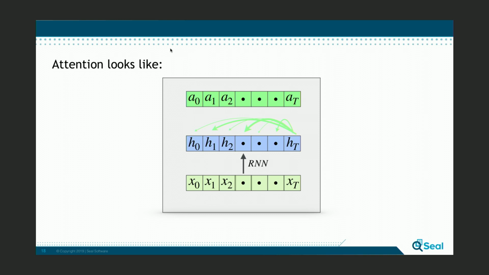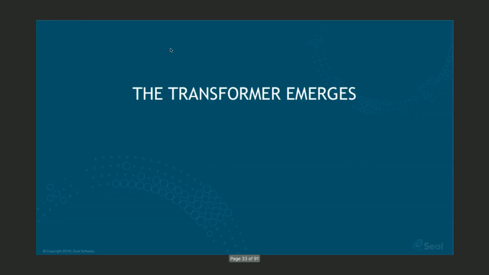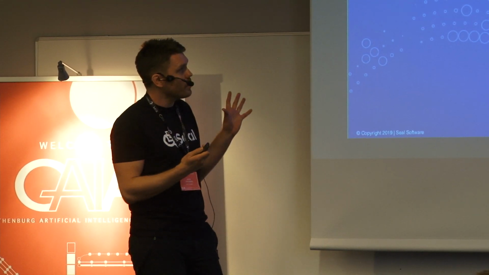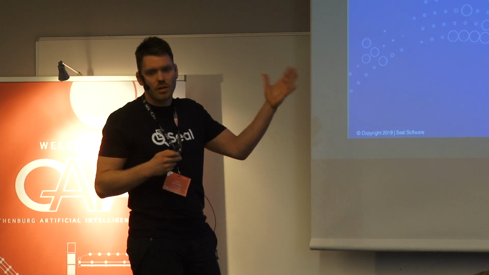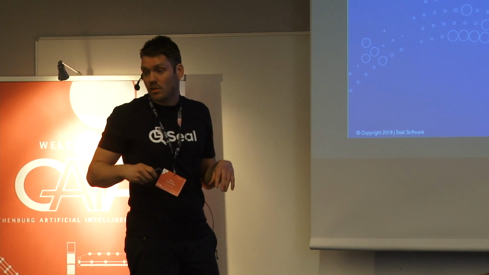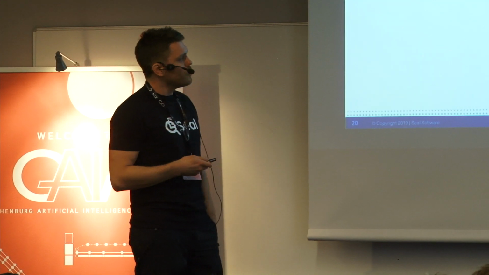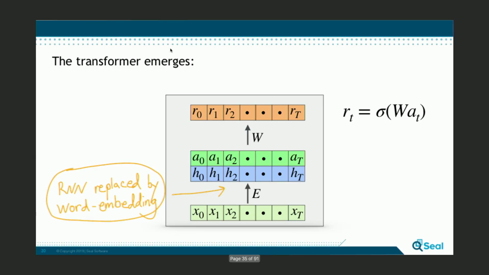So researchers started asking themselves, well, do we really need the RNN structure at all here? And this is where the mighty transformer starts to take its shape. The transformer is the architecture that almost all the new modern language models actually use. The way it works is basically we take the same picture, but we remove the RNN completely.